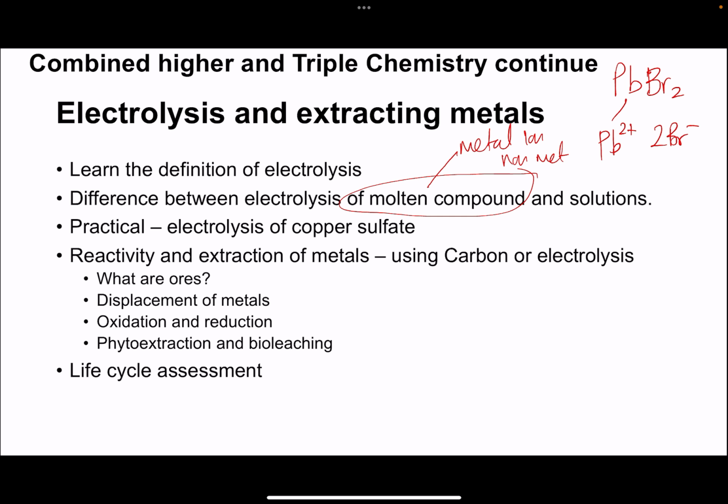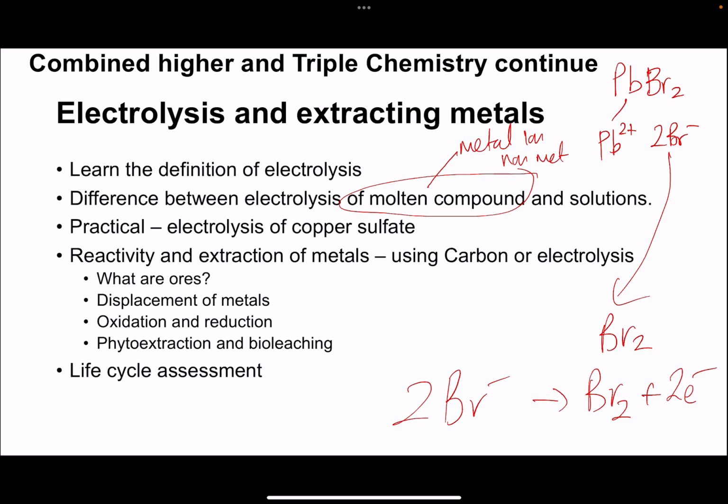At the cathode, cathode is negative, so bromide will become bromine at the cathode. The equation now is that. Okay, so that's at the cathode.